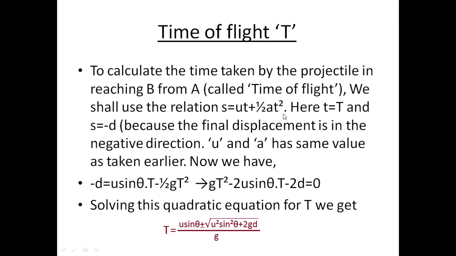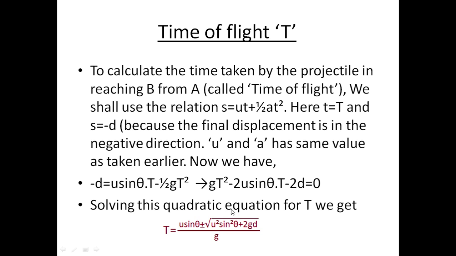Here t equal to capital T and s equal to minus d because the final displacement is in the negative, downward direction. u and a have the same value as taken earlier. Now we have minus d equal to u sin theta into t minus half gt square. It gives gt square minus 2u sin theta into t minus 2d equal to 0, which is a quadratic equation.